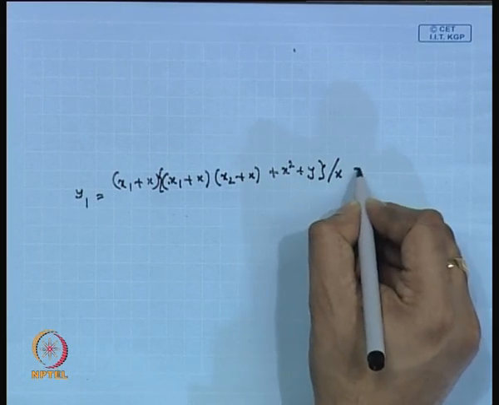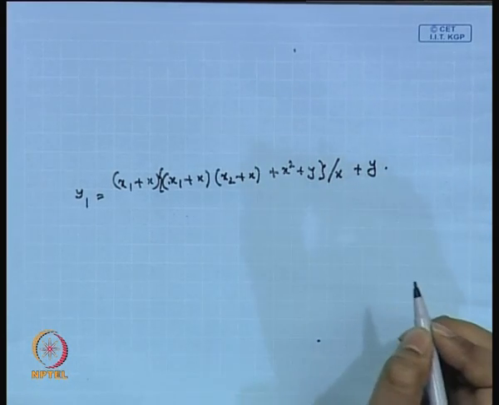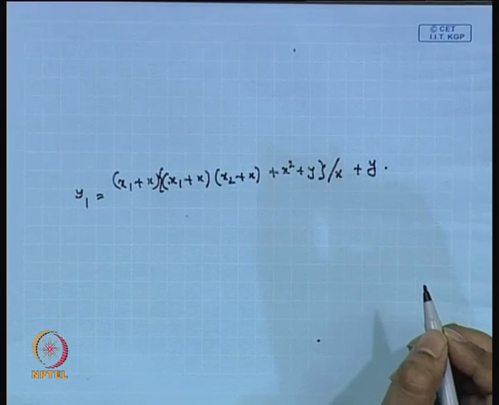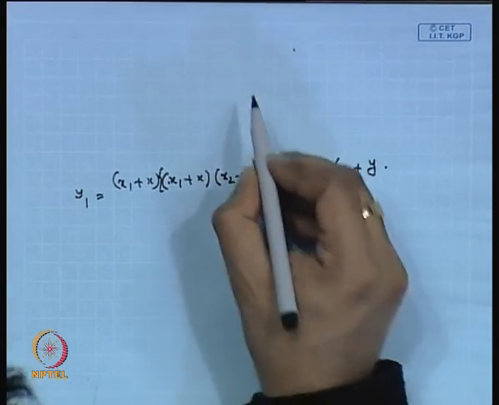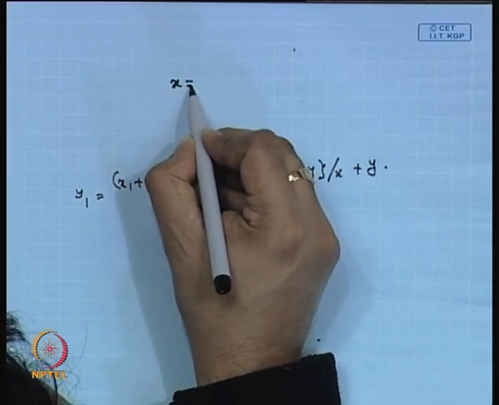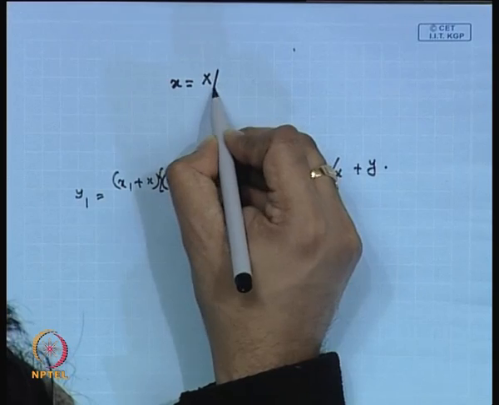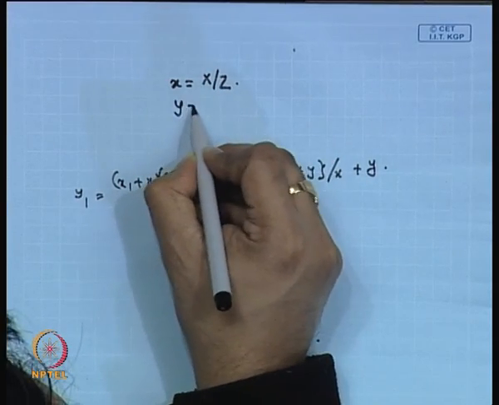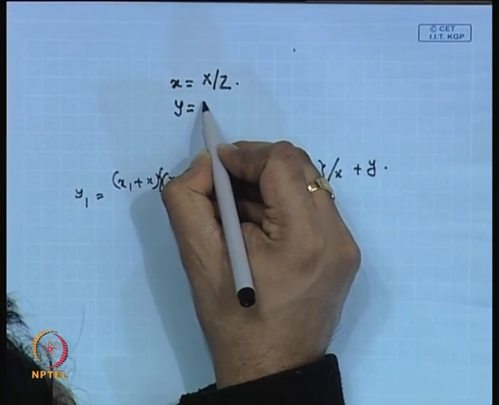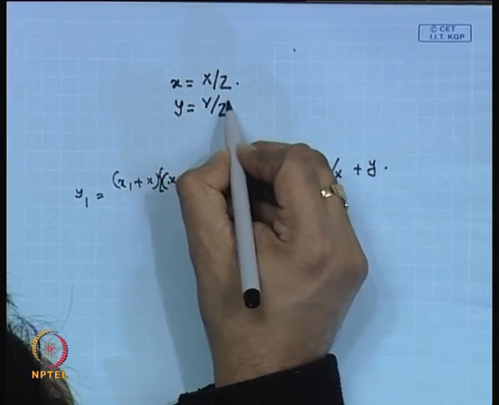This was divided by x plus y, that was your y coordinate, right. So, now your transformation in your projective coordinate system is x is equal to x by z, and y is y by z square.